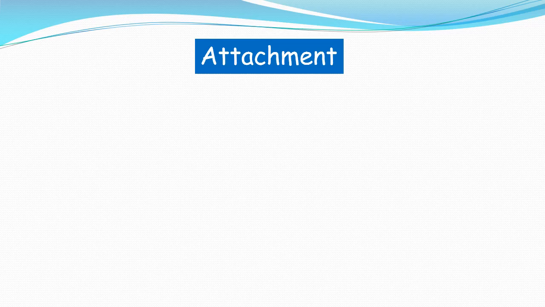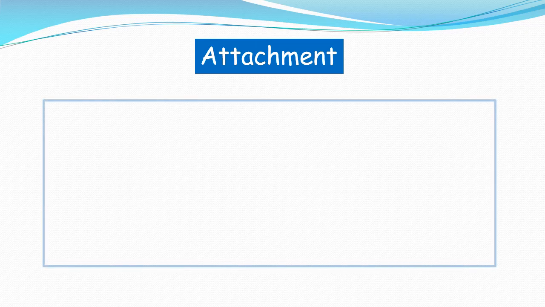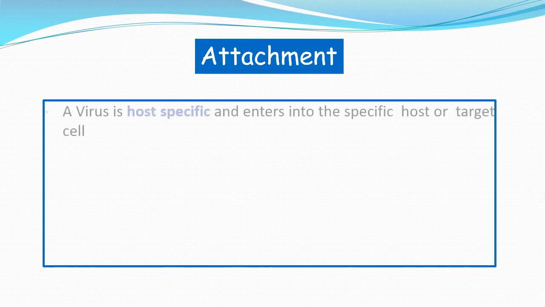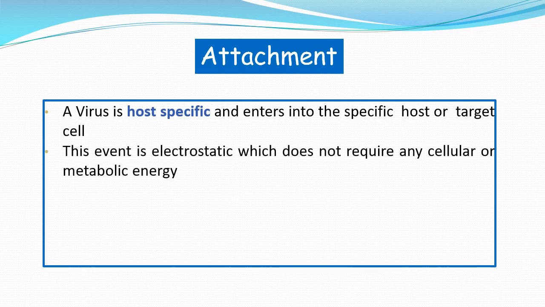The first stage in the viral replication cycle is attachment. Firstly, a virus is host specific and it enters into the host cell or target cell which is specific to it. Secondly, this event is electrostatic, which does not require any cellular or metabolic energy, and the virus exhibits cellular tropism.